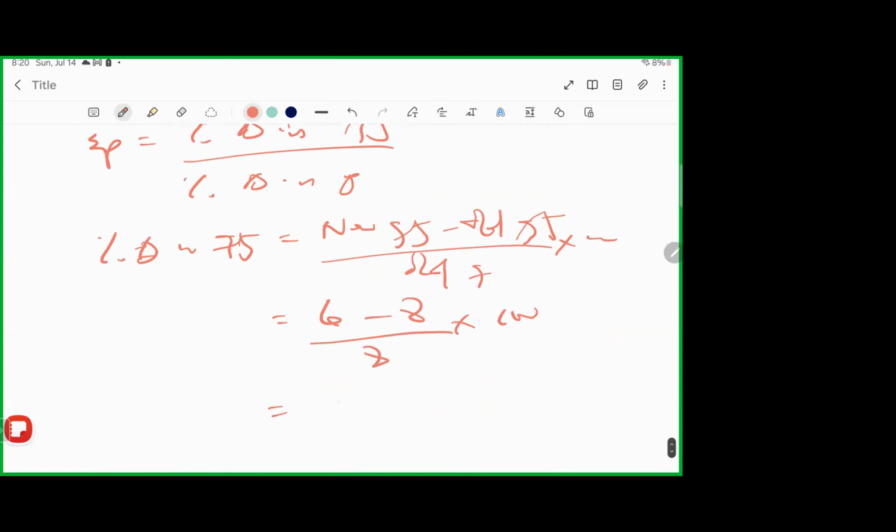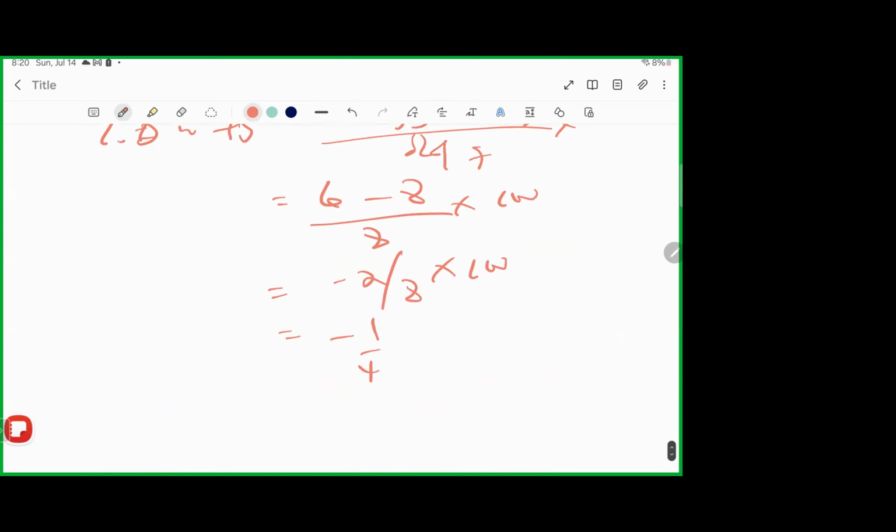So here will be minus 2 over 8, times 100. What will you get? Minus 1 over 4 times 100. You will get minus what?